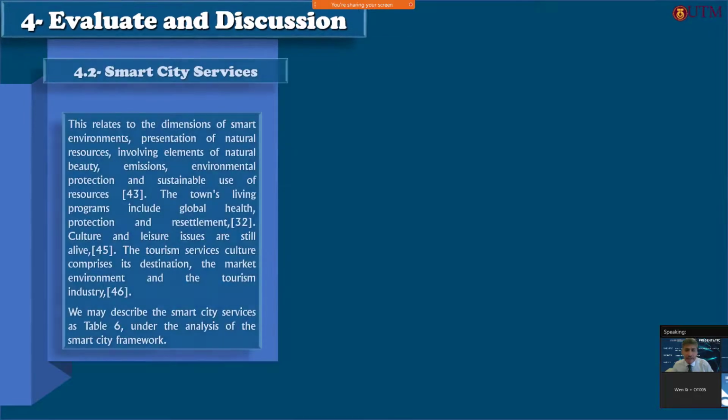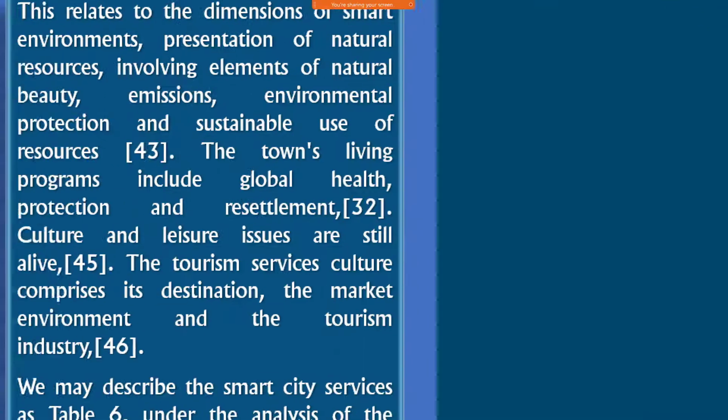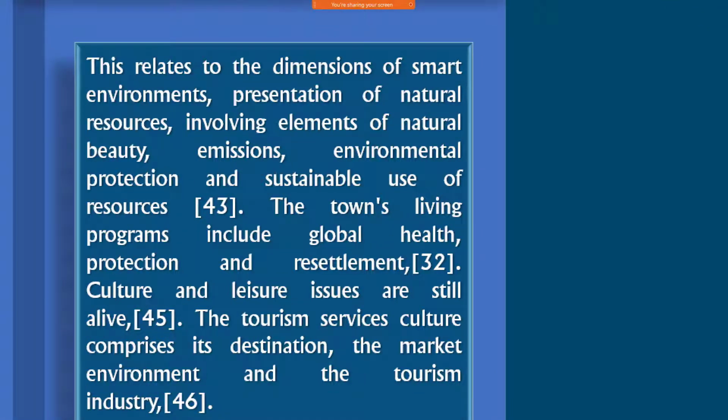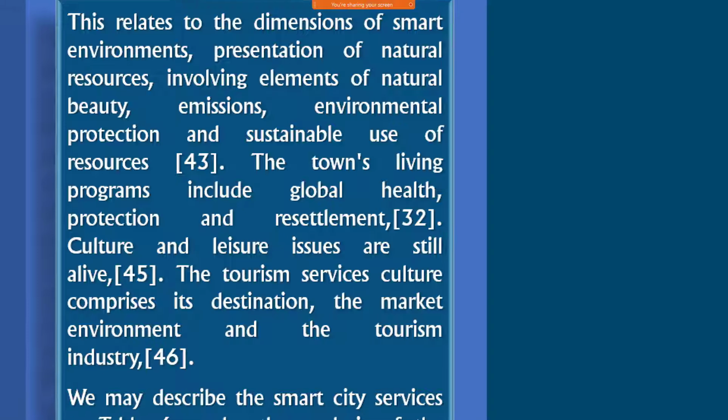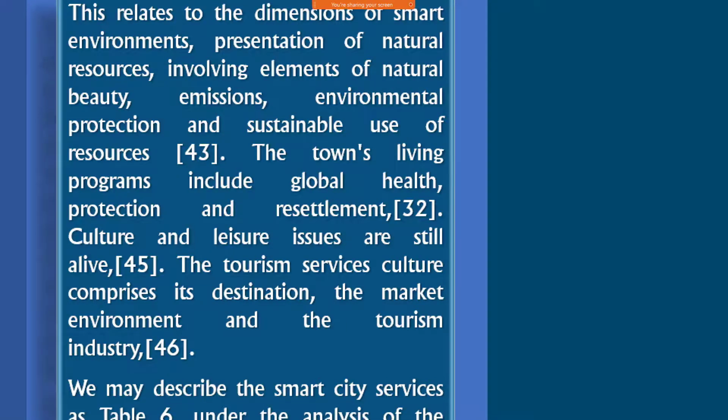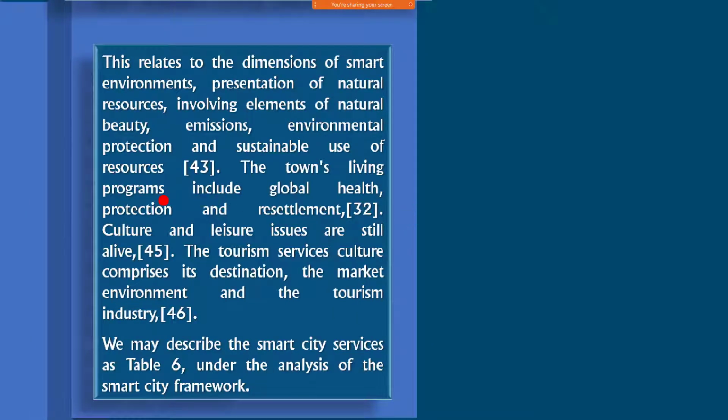And the second is smart city services. When we see the smart city service, this is related to the dimensions of the smart city environment: preservation of natural resources, involving elements of natural beauty, emission, environmental protection, and sustainability, use of resources. The town living program includes health protection and resettlement. So we will describe the smart city service table.